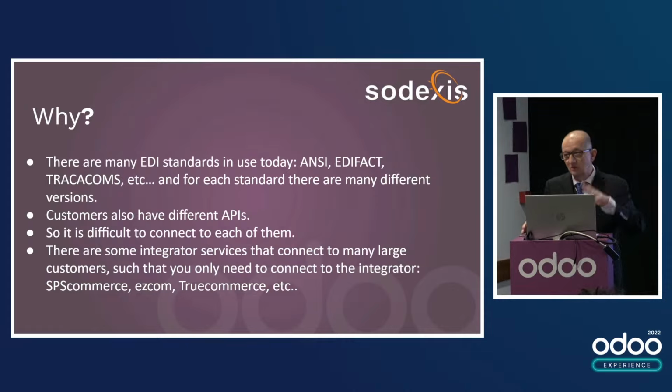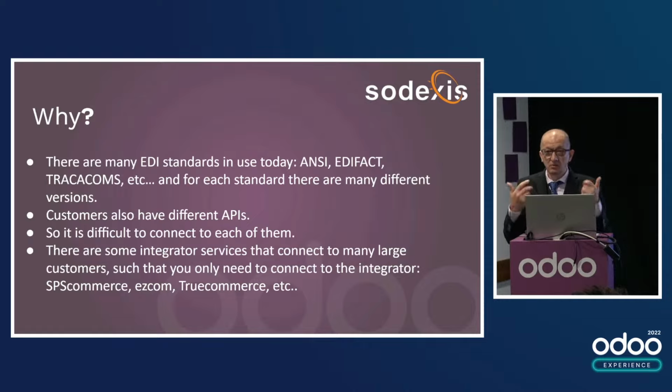If you have just one customer, it's pretty fine, you just connect to them. But if you have multiple customers and large customers, then it's very difficult, okay? As a result of that, there's been a lot of integrators that have surfaced. They provide a service, they connect to all the large customers, and then you only need to connect to them. Okay, so it makes your life easier. You don't have to connect to all the customers.